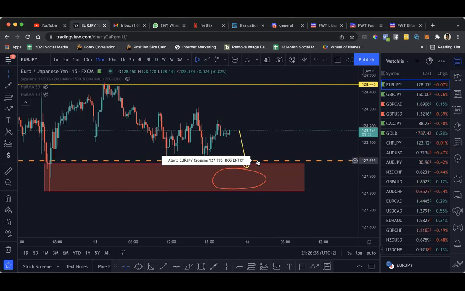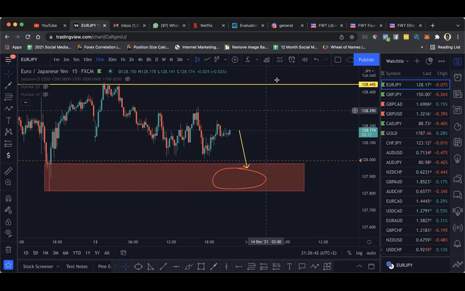I'll be sent an email. My phone will ring on my app. The web app as well, this TradingView app, it will ring, and then I'll know that, okay, something is about to happen. So that way, I'm not checking my charts all day.